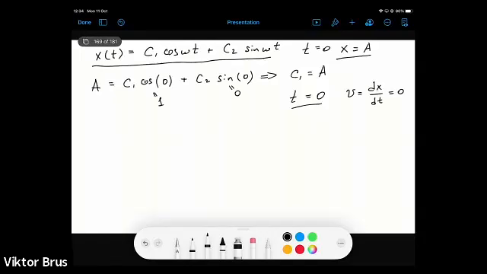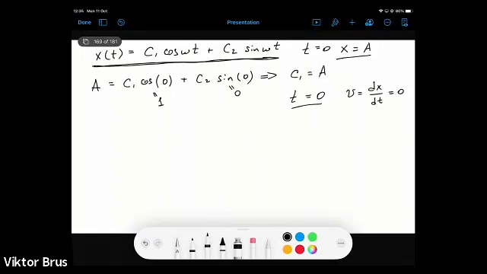So what does it mean? That means that the first derivative over time of this general form for the solution of our differential equation should be equal to 0 at t equal to 0.